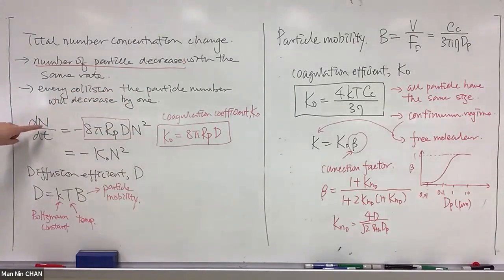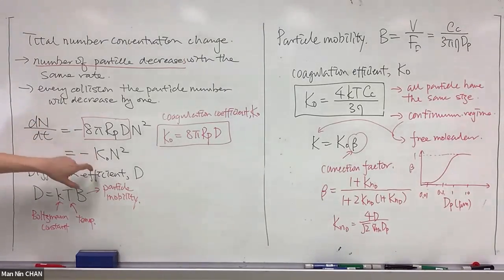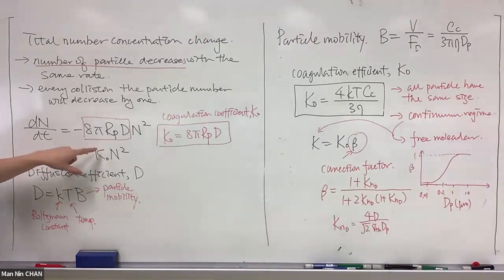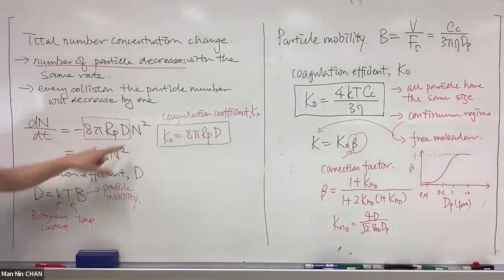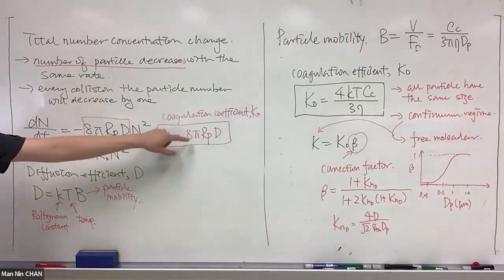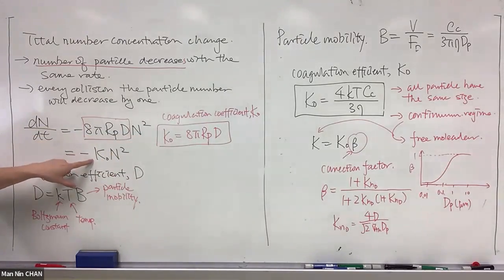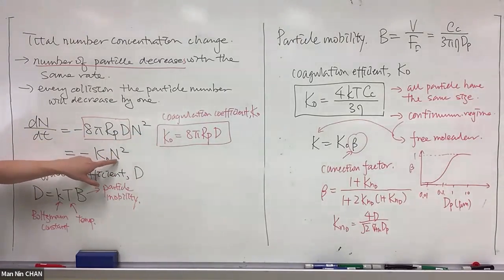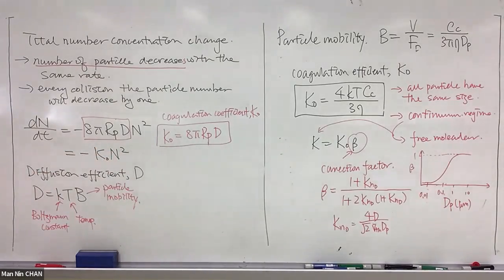Therefore, your total number concentration change with time will be just equal to minus K naught times N to the power of 2, where K naught is the coagulation coefficient and N is the number concentration of the particles.